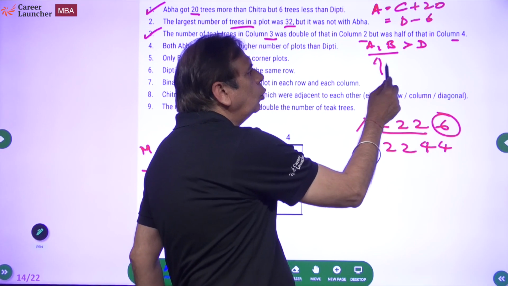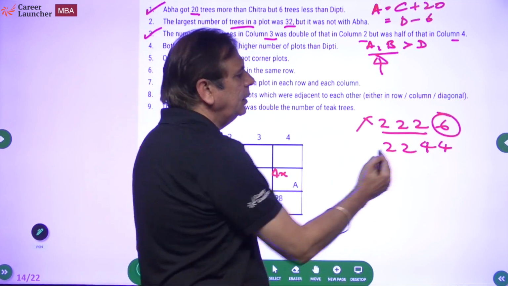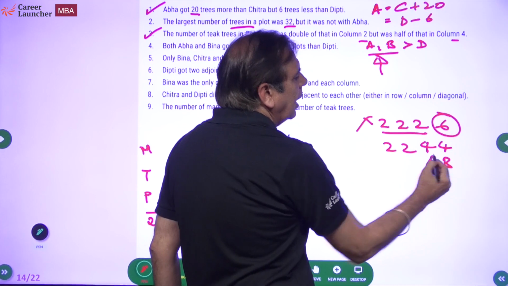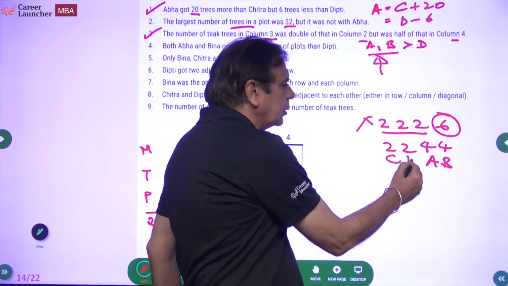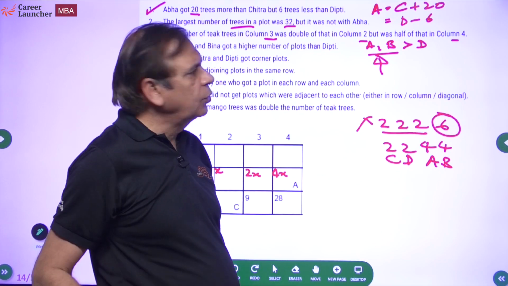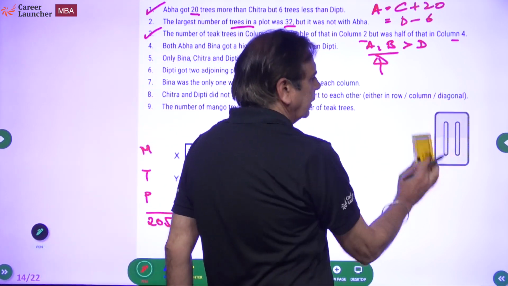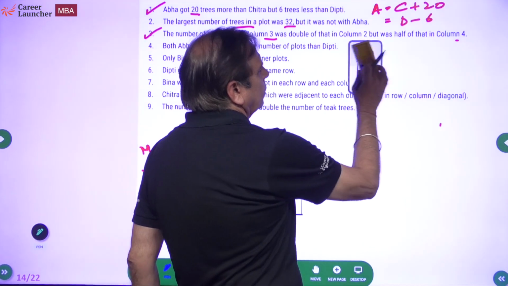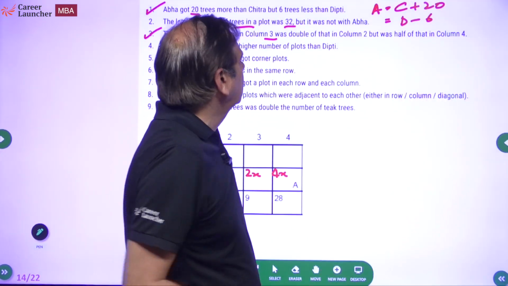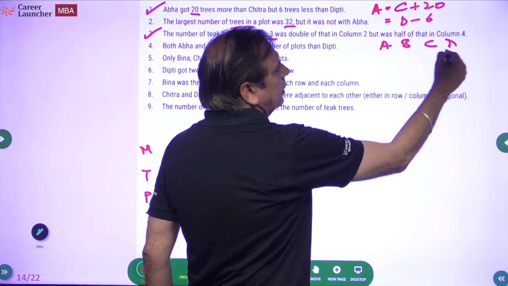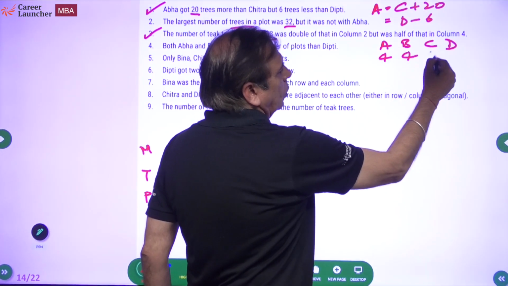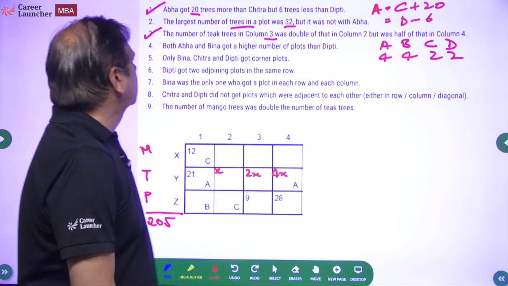Here it's saying 2 have to get higher. What does that mean? Abha and Veena are getting 4 plots each, while the remaining 2 daughters, Chitra and Deepti, will get 2 plots each. Okay. So let me just write it down. The important thing I want to write down is, if I look at A, B, C, D, 4, 4, 2, 2. These are the number of plots.